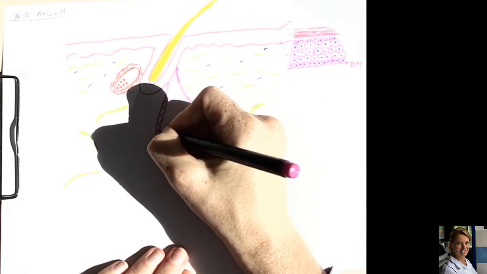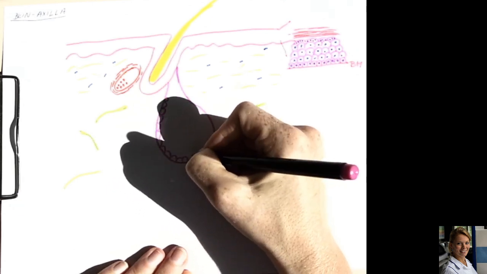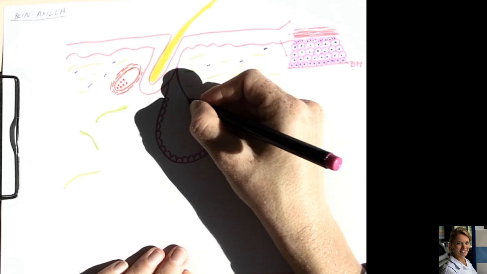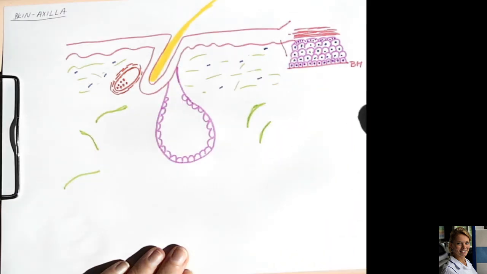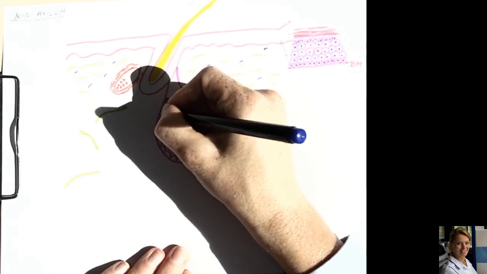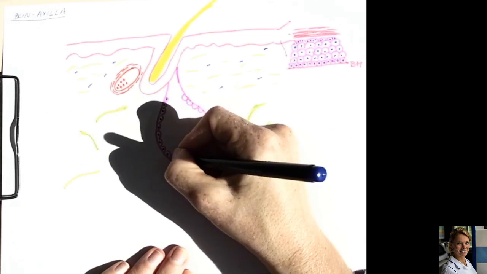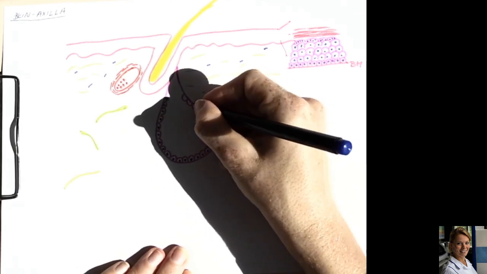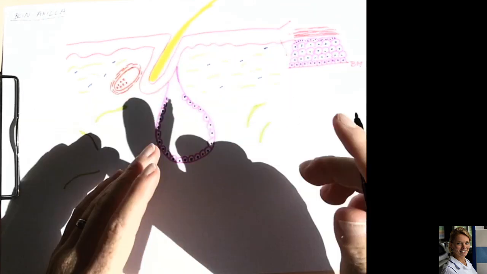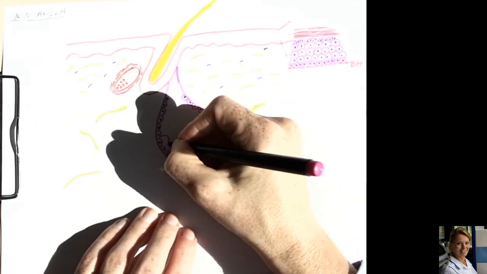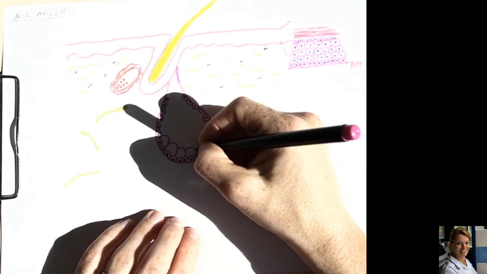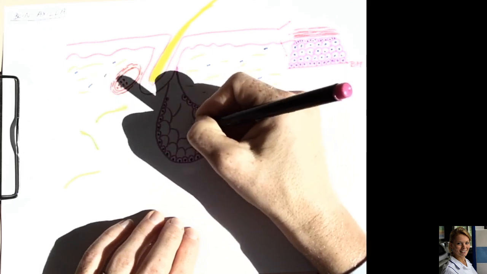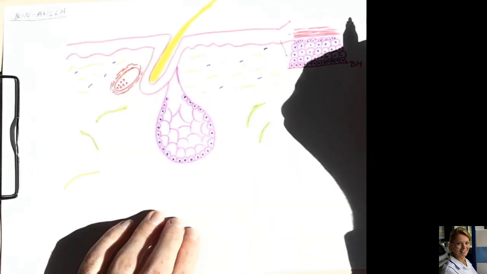On the periphery of the alveolus, there are small cuboidal cells with basophilic cytoplasm, very mitotically active cells, which begin to enlarge and fill with oil, sebum, and move into the center of the alveolus. This is holocrine type secretion.